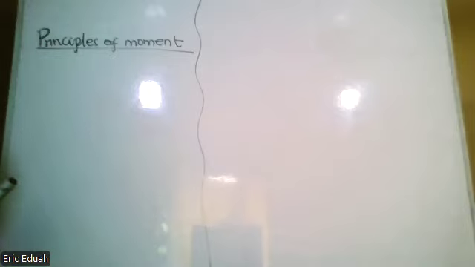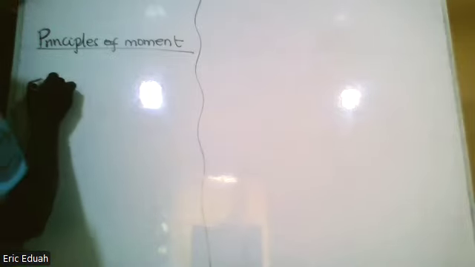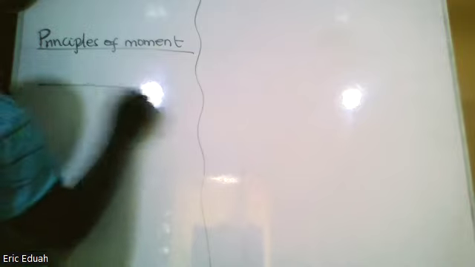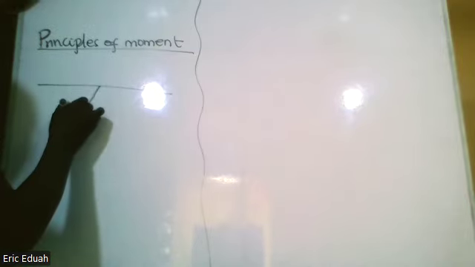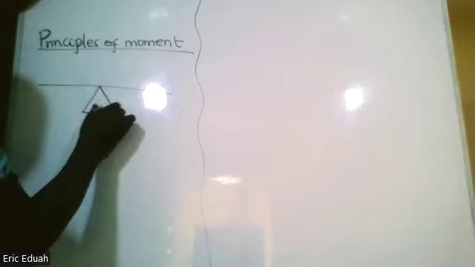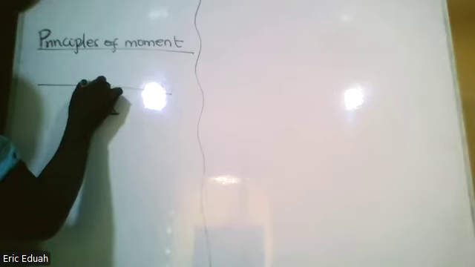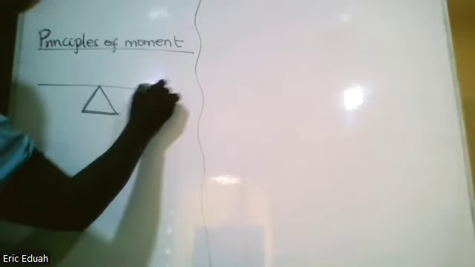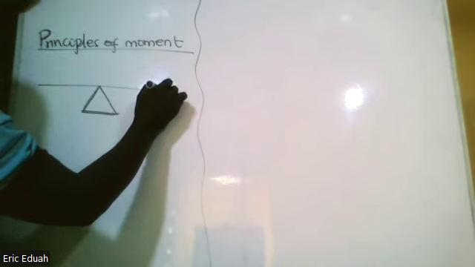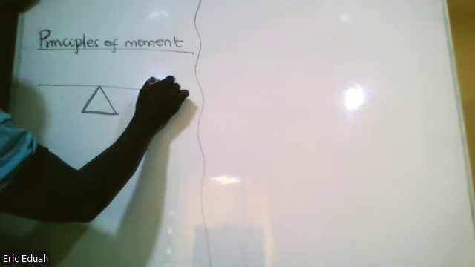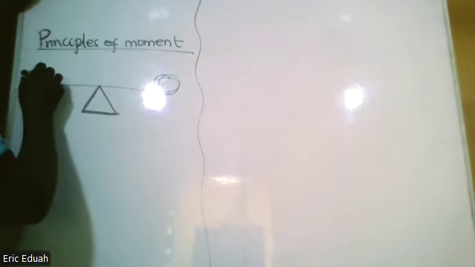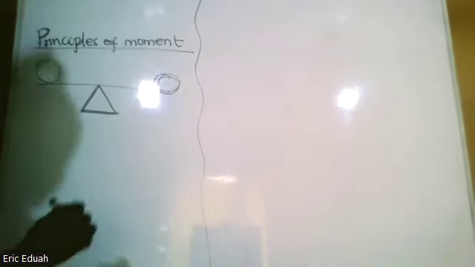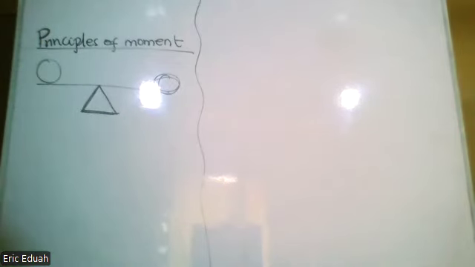Look at the seesaw. This bar, kind of seesaw, where one end of it or the mid part is pivoted. Then we have an object here and then another object at the other end.